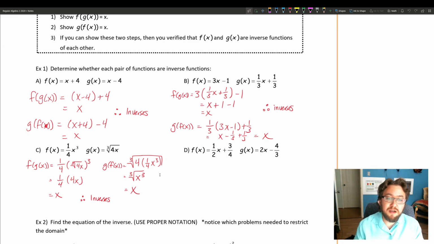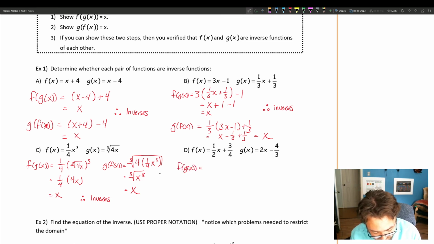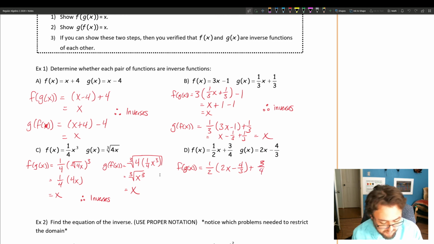All right, let's move on to D. f of g of x. So 1/2 times 2x minus 4/3 plus 3/4. Okay, let's distribute that 1/2. 1/2 times 2x, that's an x.